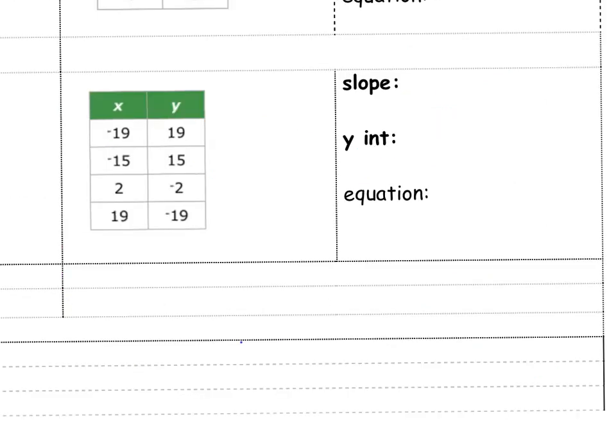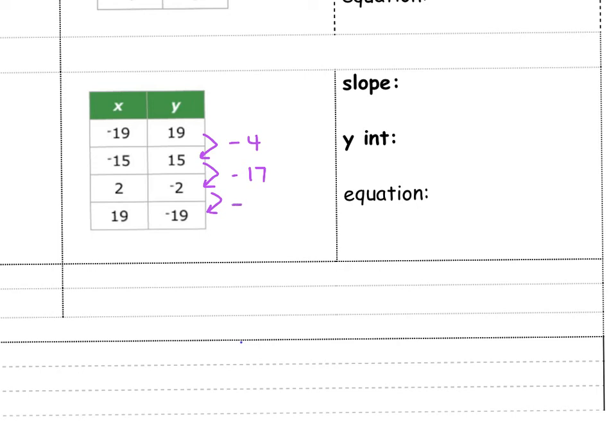Now, our last problem is similar to what we've been doing, but it's a little different in this case. Once again, we're going to start by finding the change of y values and the change of x values. Remember, y values always go on top. So 19 to 15, I'm minus 4. 15 to negative 2, minus 17.